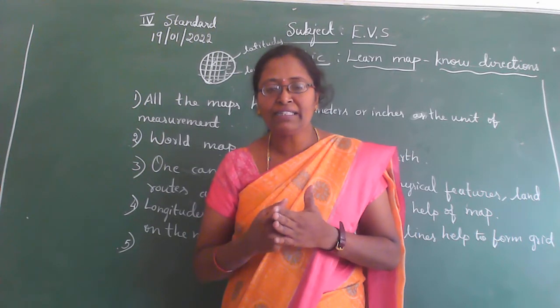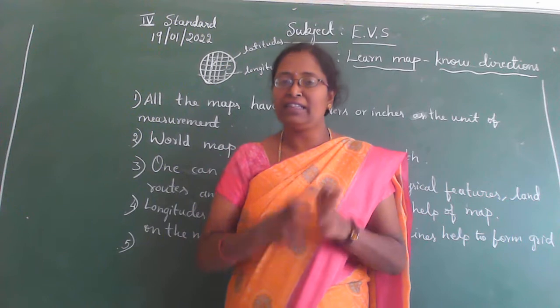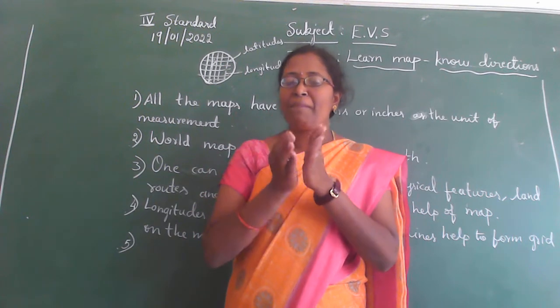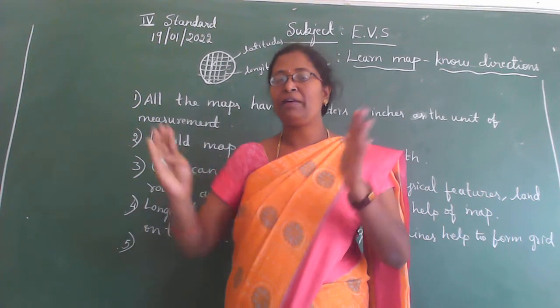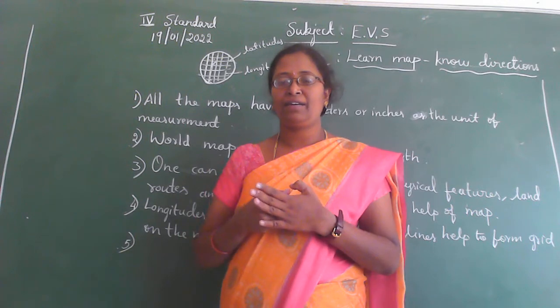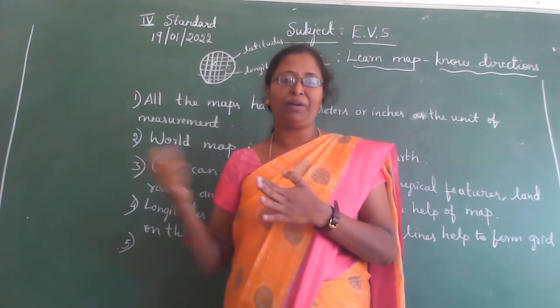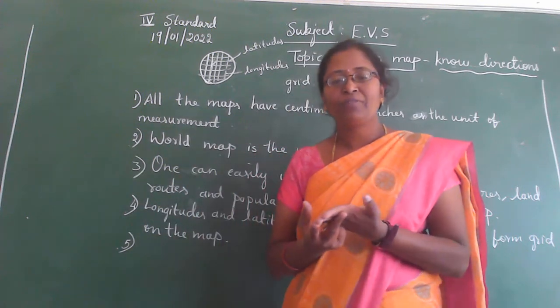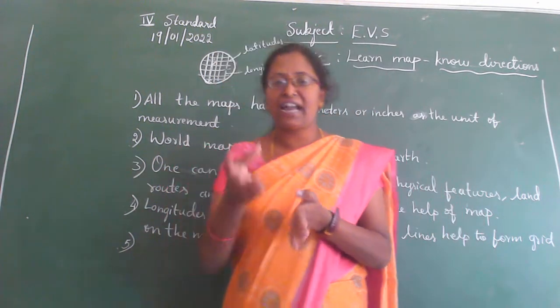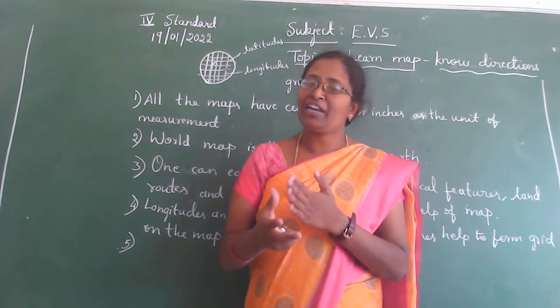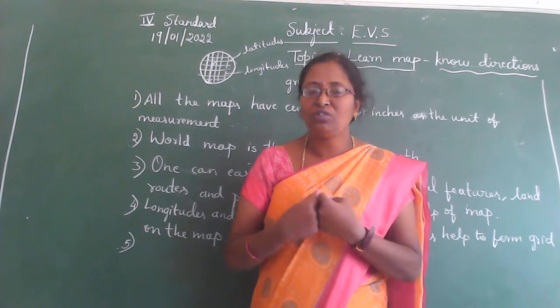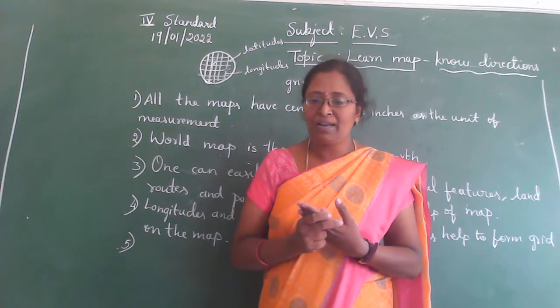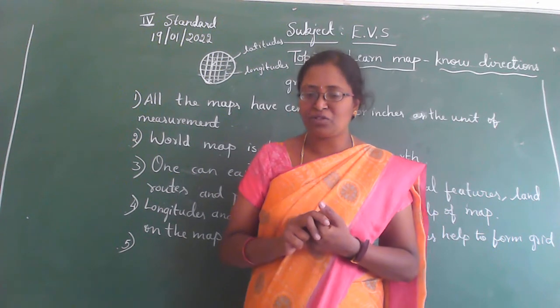A soil map shows what type of soil is there in that region, whether black soil, red soil, fertile soil, or sandy soil. We can understand this if we get the soil map. So these are the types of maps.